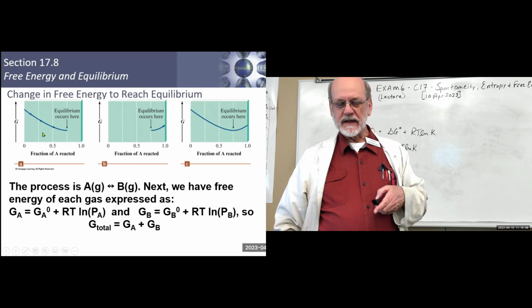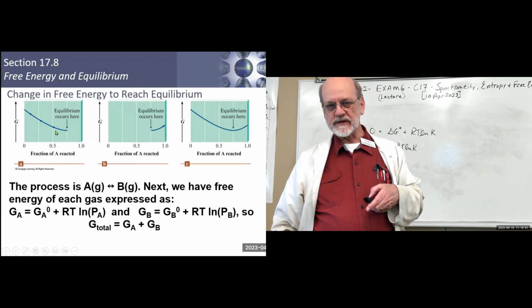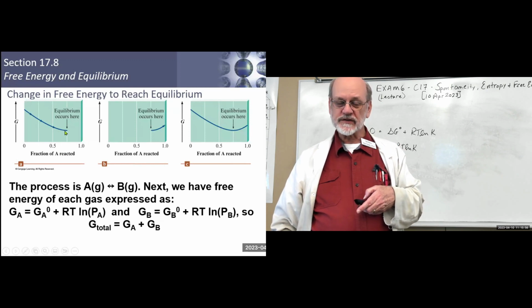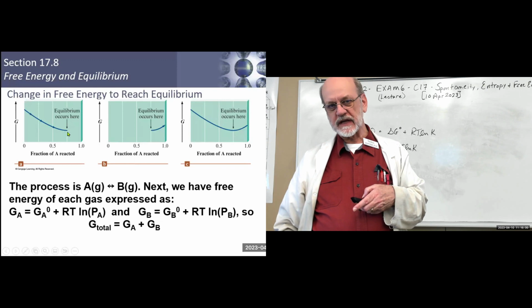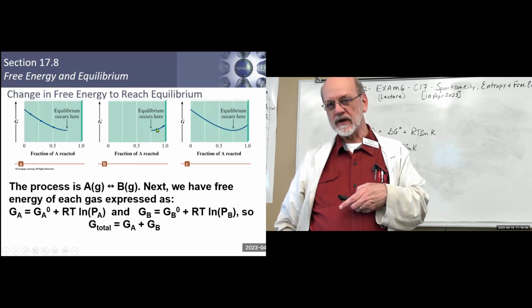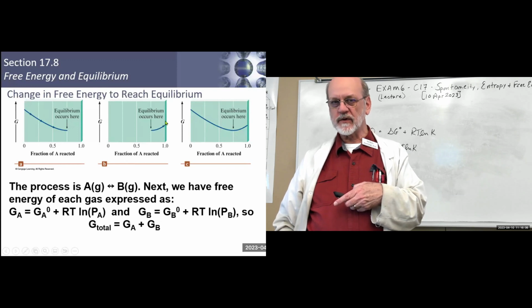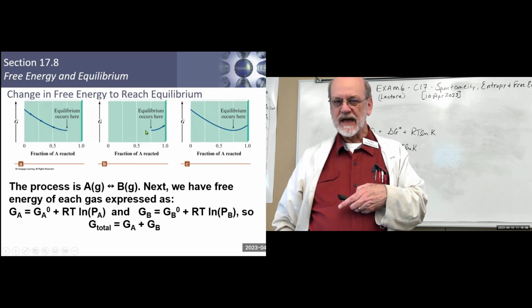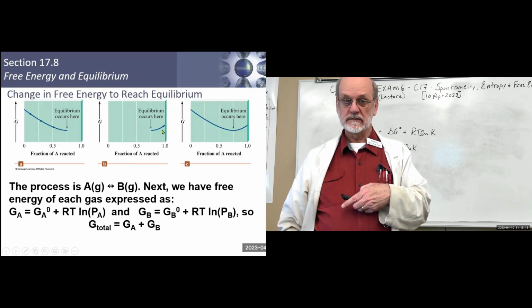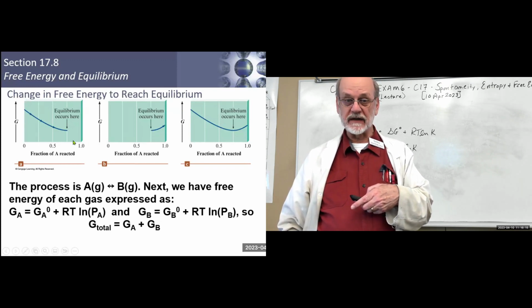Then as the fraction of A decreases and the fraction of B increases, we reach a situation where we're at the lowest possible free energy state. And if we go past equilibrium, that is unfavorable. We have to put energy in.